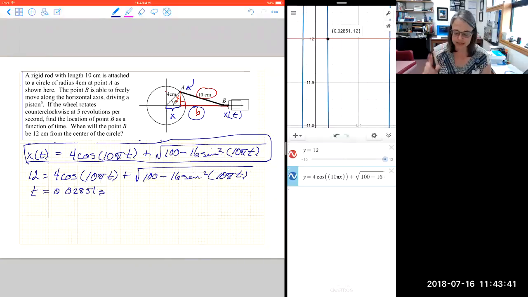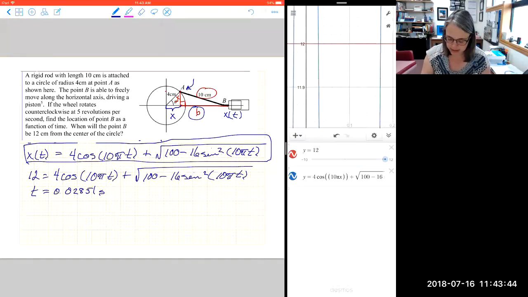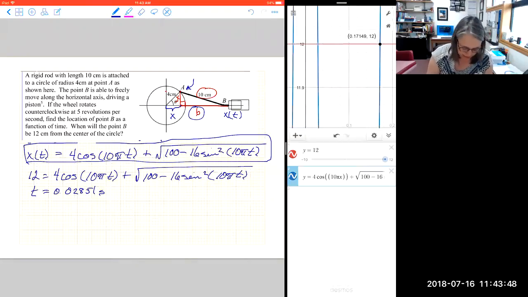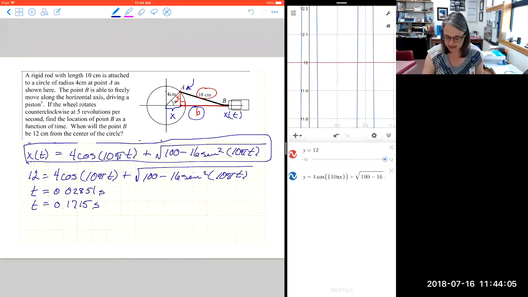And then again at 0.1715 seconds. Now, remember though that it does this again and again and again.